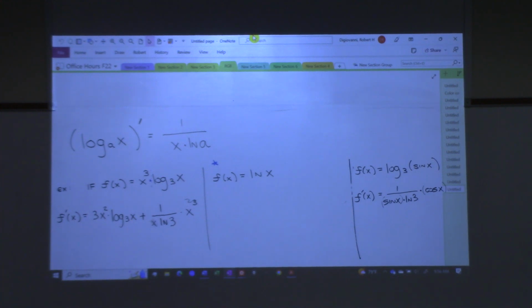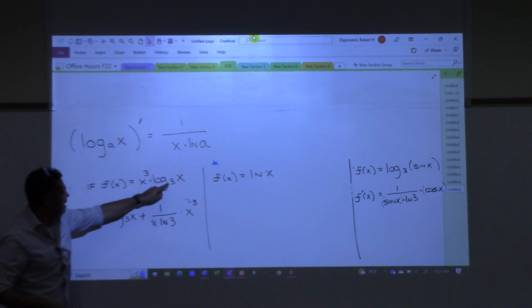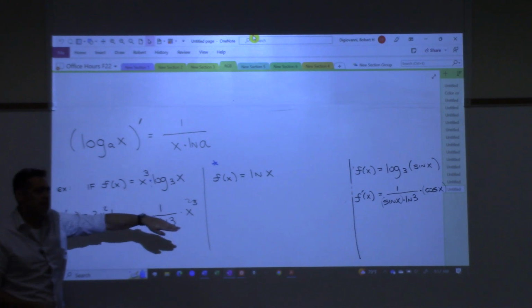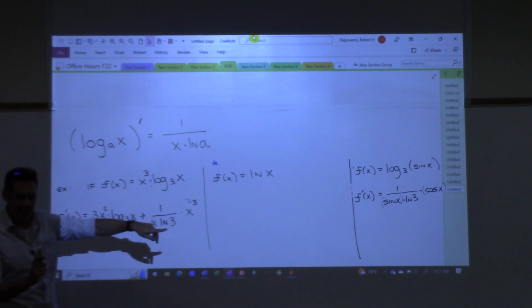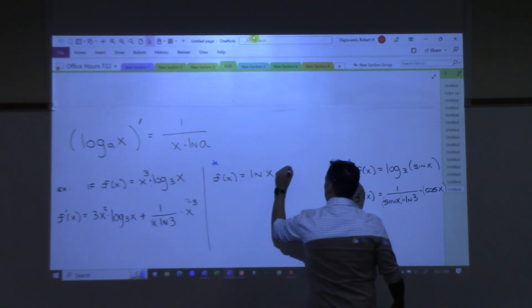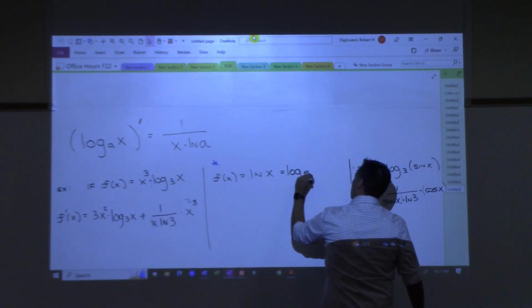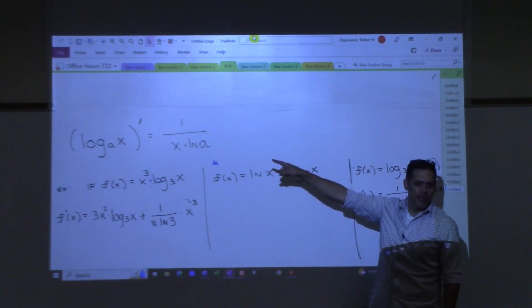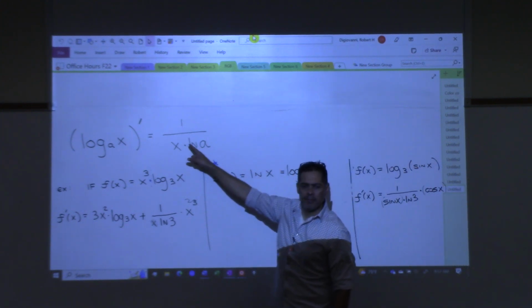What is the base? If it's really a log, like this is log base 3. What's the base of that log? Log base e, right? That's log base e. For real, that's what it is. So I'm actually going to write it that way so that I can use this formula.